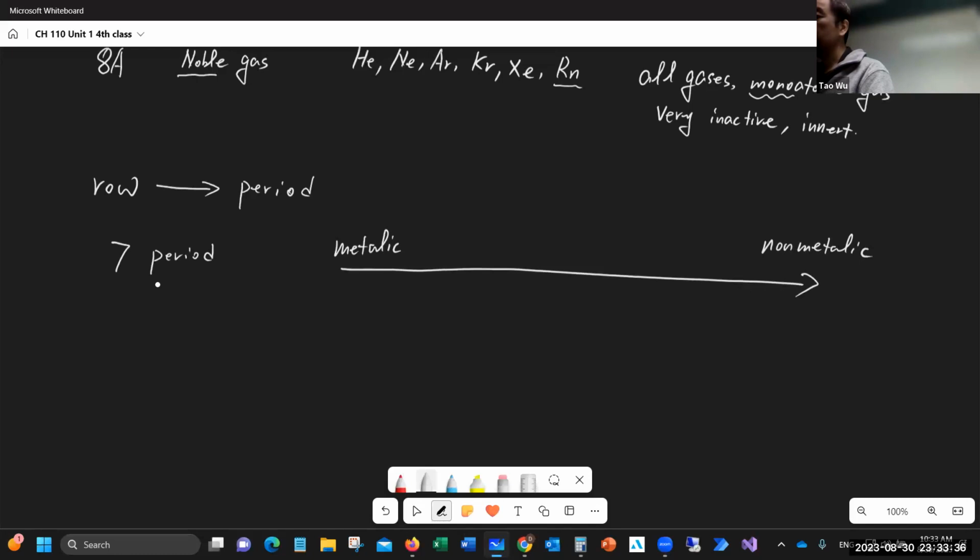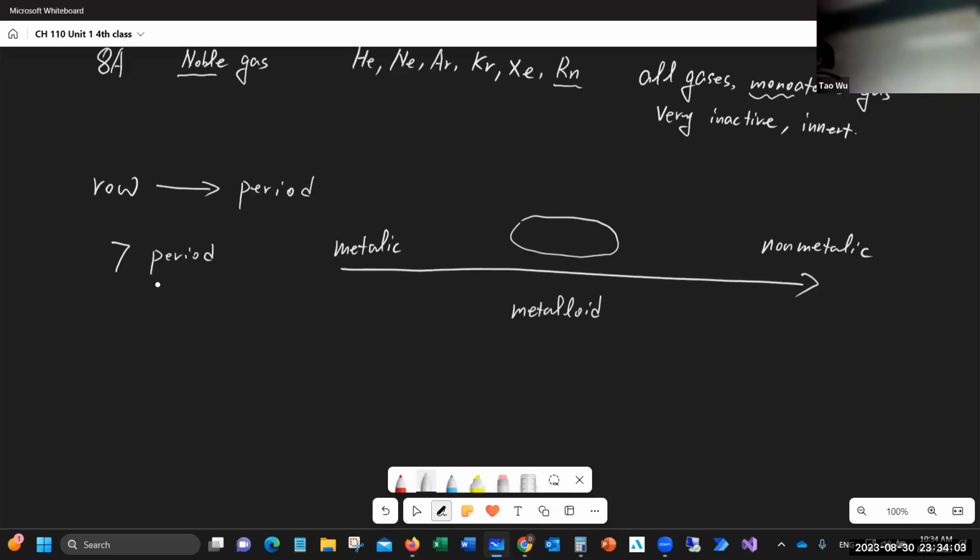Something in between is called a metalloid. Metalloids are elements that are similar to metals and also similar to non-metals, in the transition.